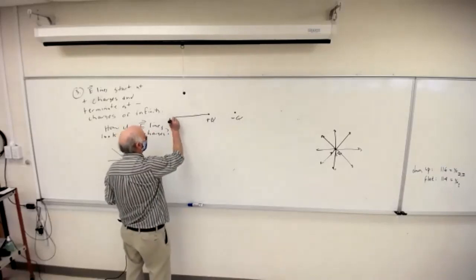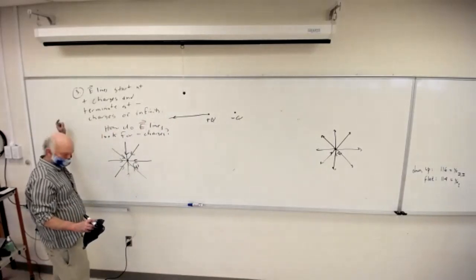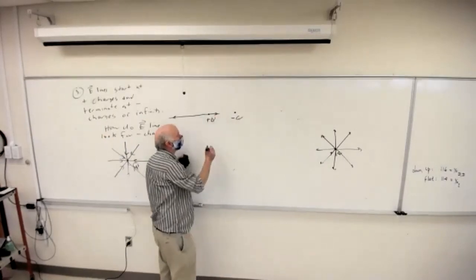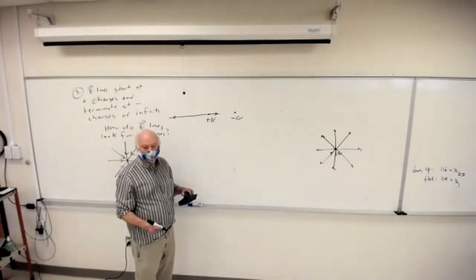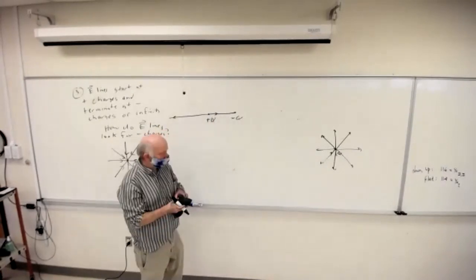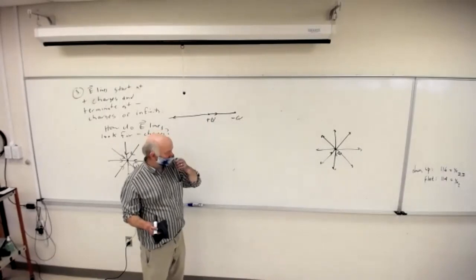That line would keep on going all the way to infinity, and never stop. Suppose I have an E line going this way. Where would it stop? At the Q. Okay. We're going to have some going out like this, but don't worry about those yet.